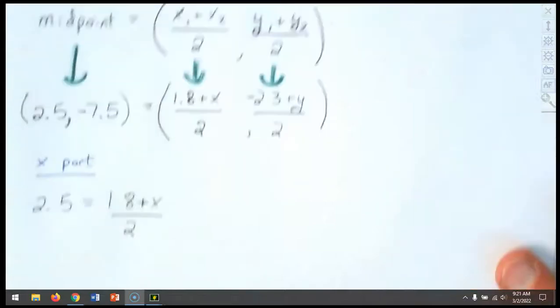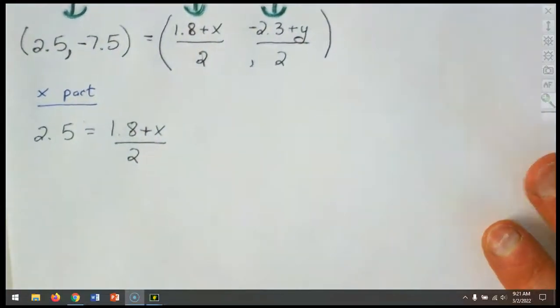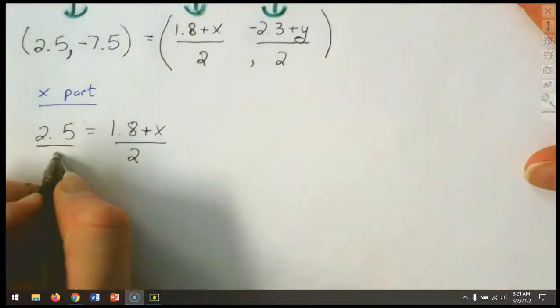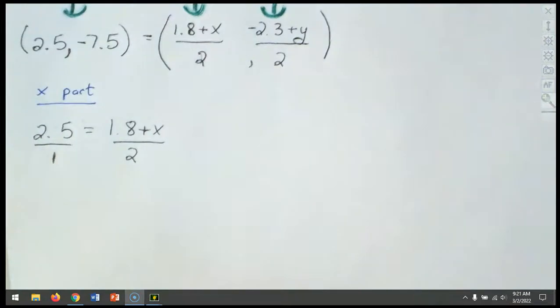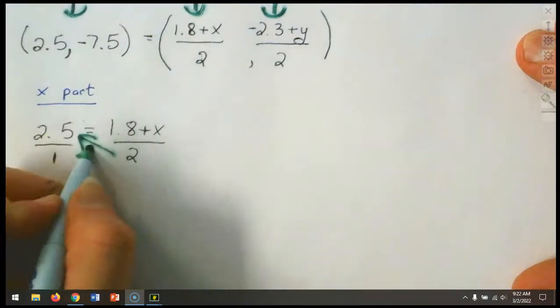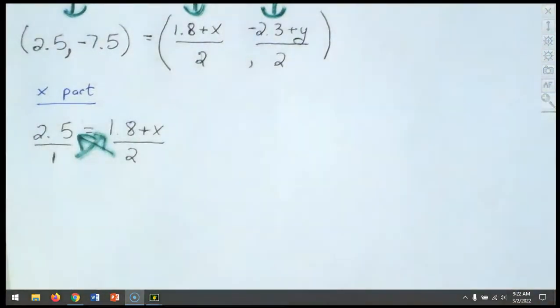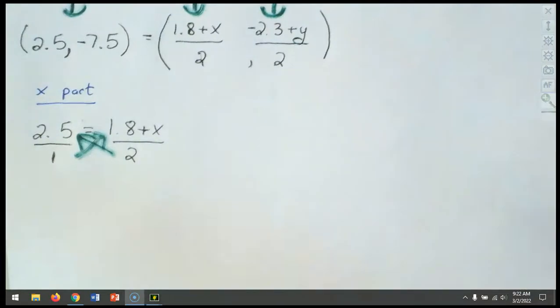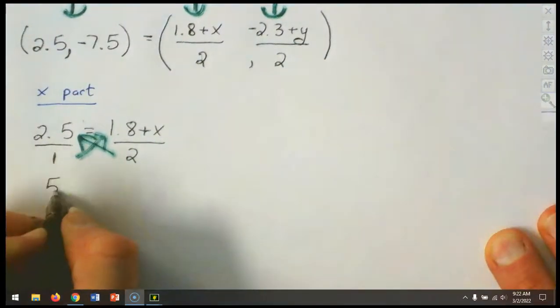Don't try to make this more complicated than it needs to be. How do we solve this? Well, we can write this 2.5 as 2.5 over 1. And then we can simply cross multiply, right? Just like that. When we cross multiply, then we've got 2.5 times 2, which should come out to be 5.